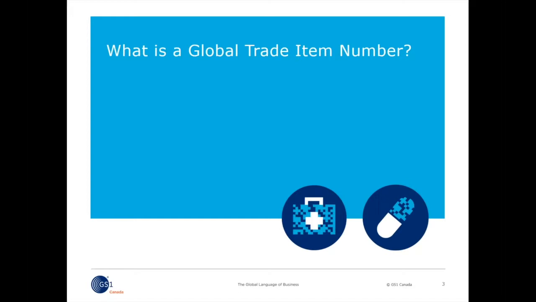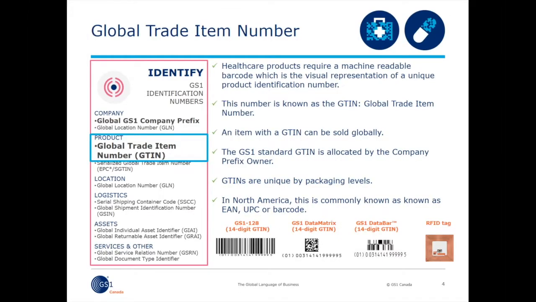What is a global trade item number? Part of our identify category, a global trade item number, or GTIN, is a globally unique product identifier. But what does this mean? A GTIN is a unique identifier applied to a product to enable additional information to be retrieved or accessed.